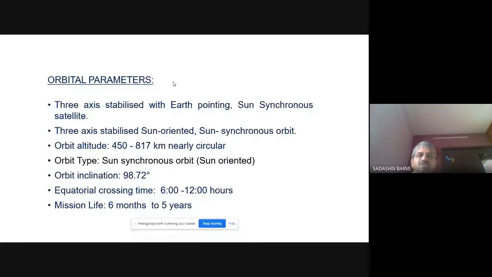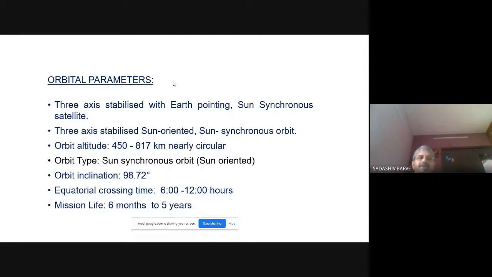Otherwise, most of the time it will be away from the Earth, while the solar panels are in a fixed position and always pointed toward the sun, such that maximum power is generated during the orbit.